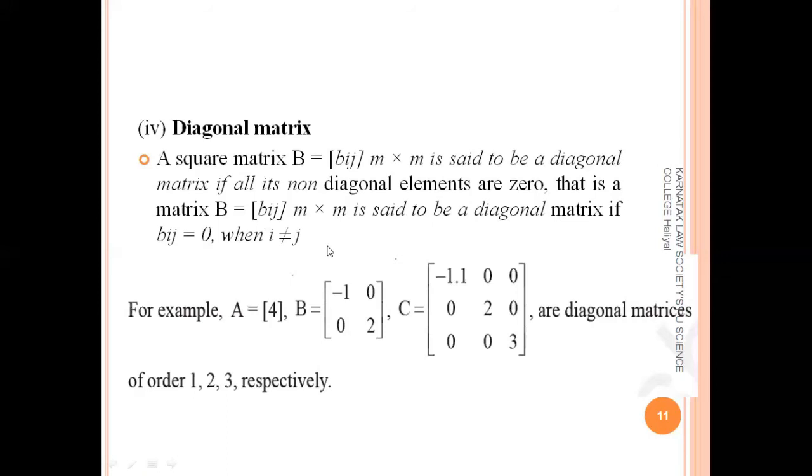It indicates that substituting i, j equals 1, 1 means 1, 1. What they have said here is, if i does not equal j, then it is equal to 0.